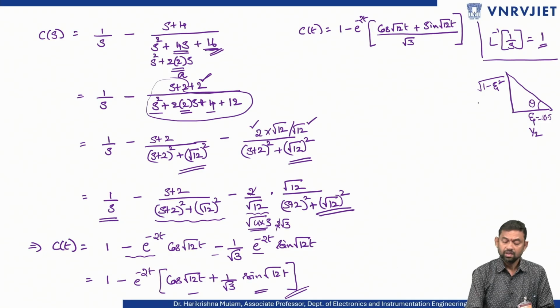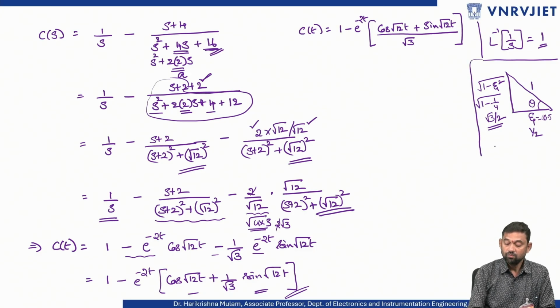And this opposite side is square root of 1 minus zeta square, zeta square is 1 by 4. Therefore, if you find it, square root of 3 by 2 will be the opposite side. And hypotenuse is always 1. Based upon this triangle, we can write sin theta is equal to root 3 by 2, whereas cos theta is equal to 1 by 2.